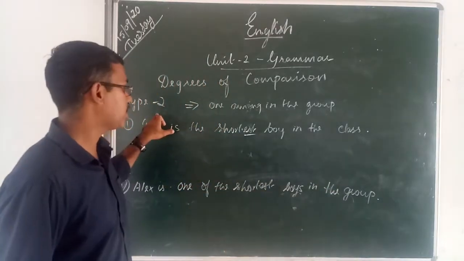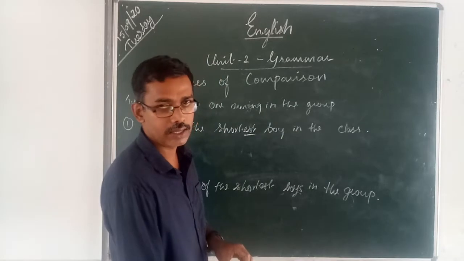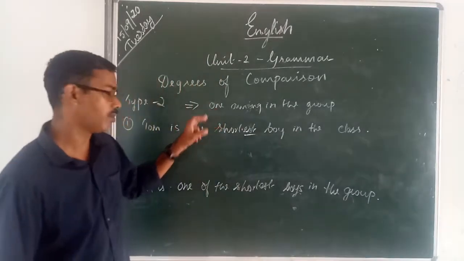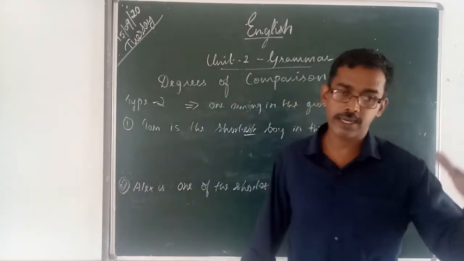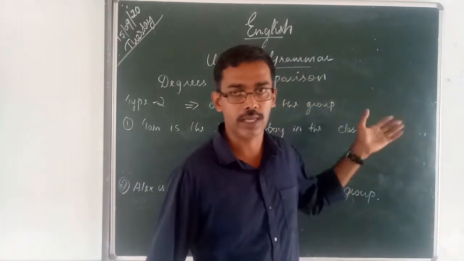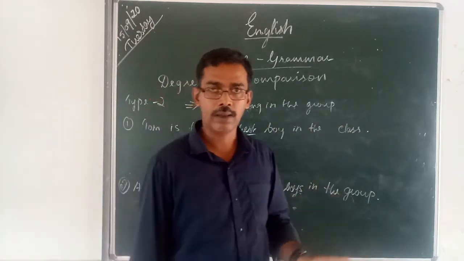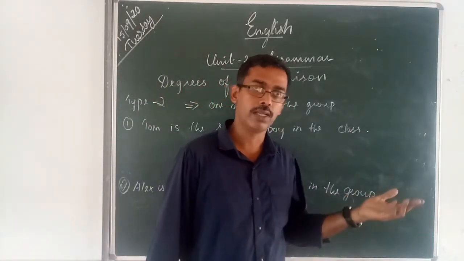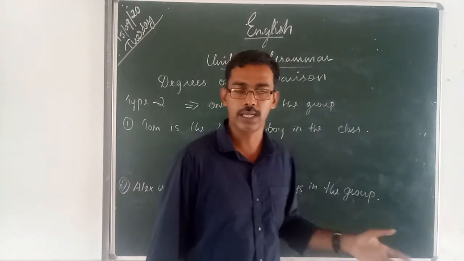Here I have mentioned type 2, one among the group. Type 1 means you are highlighting only the topmost person or the least person. Here you are highlighting anyone in the group except the top and the least one.